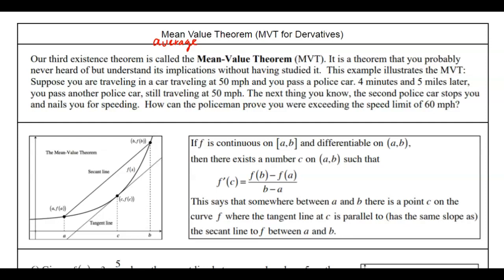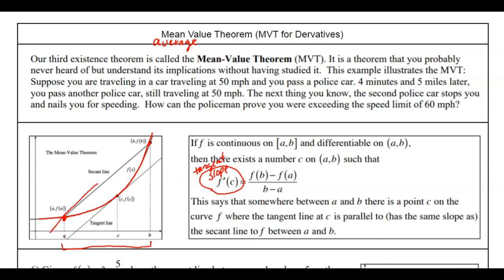The idea says if we have an endpoint from A to B, so this is our interval, these are our endpoints, and then this is our curve, okay? If we take the slope of the tangent line and we take the slope between the endpoints, okay?